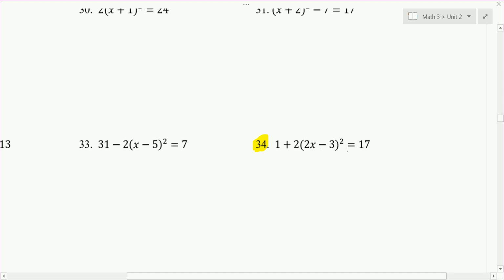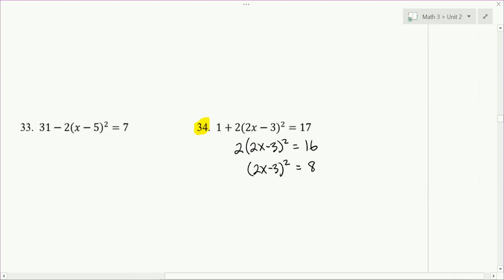But because it's an equation, we're allowed to subtract 1 from both sides, and I'm going to do that. And I get this equal to 16, and then divide by 2. What we do not want to do is square the 2x minus 3. We need to leave it squared because we want to solve this by taking the square root.